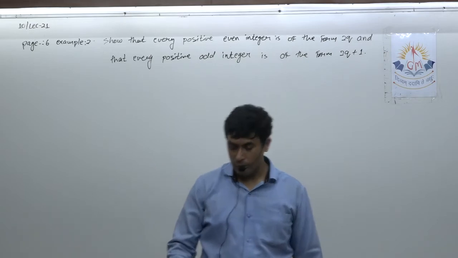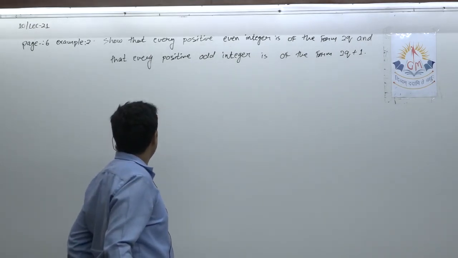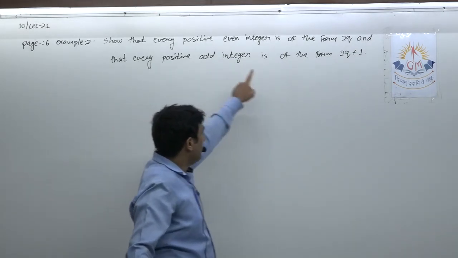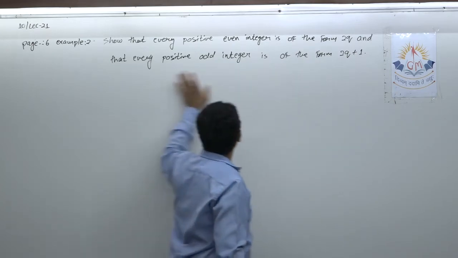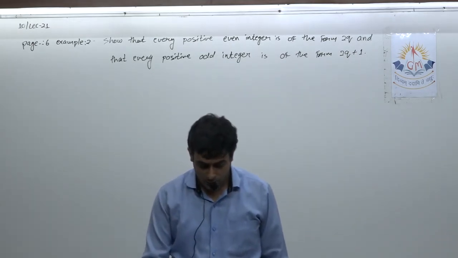So here we have to prove that every positive even integer is of the form 2q and every positive odd integer is of the form 2q plus 1. So we will start.